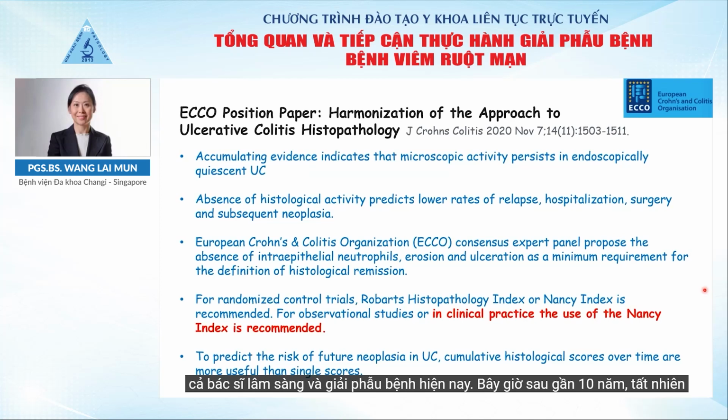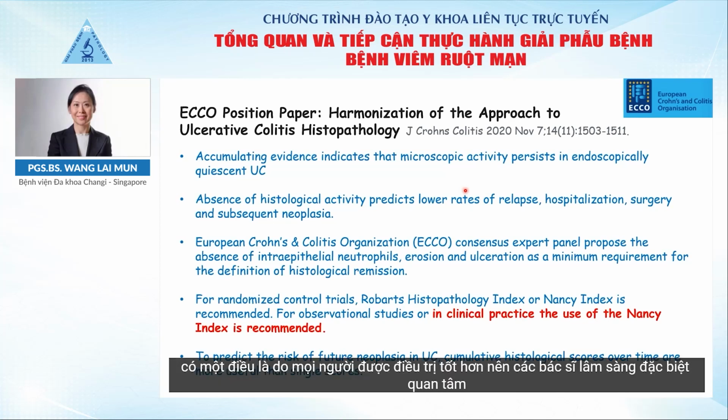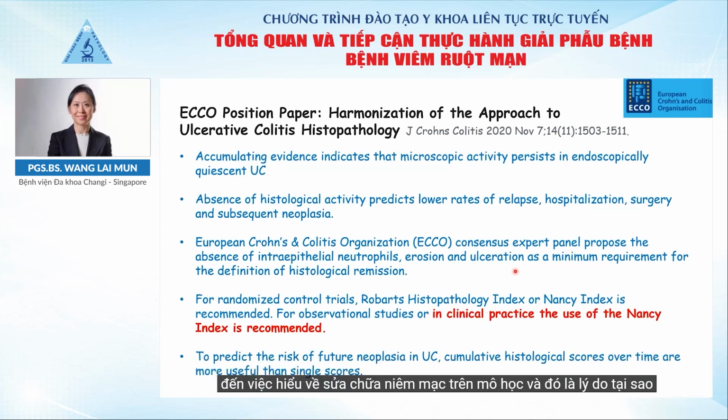Now, after nearly 10 years, of course there are a lot of things that may have changed as well. They have specifically mentioned that because of better treatment, the clinicians particularly are interested in understanding mucosal healing histologically.